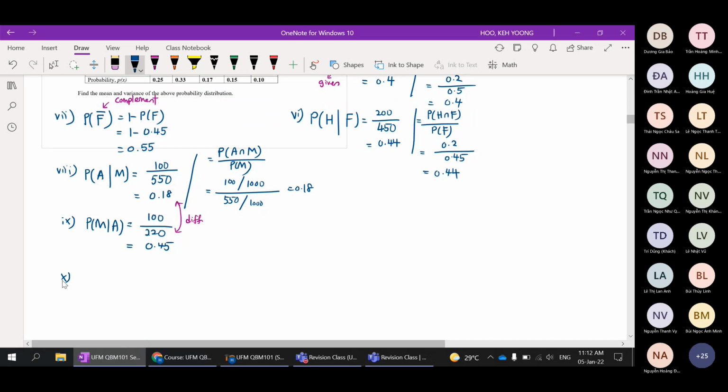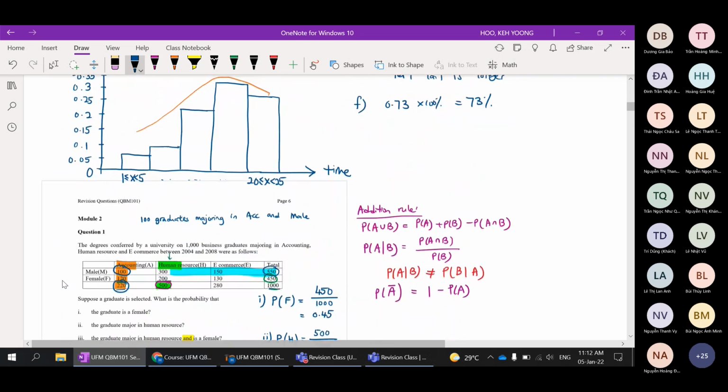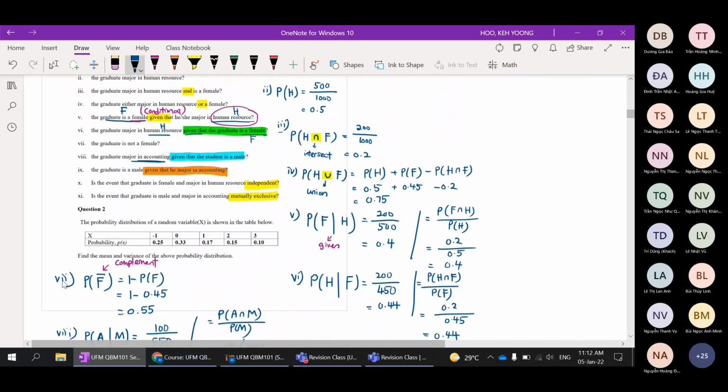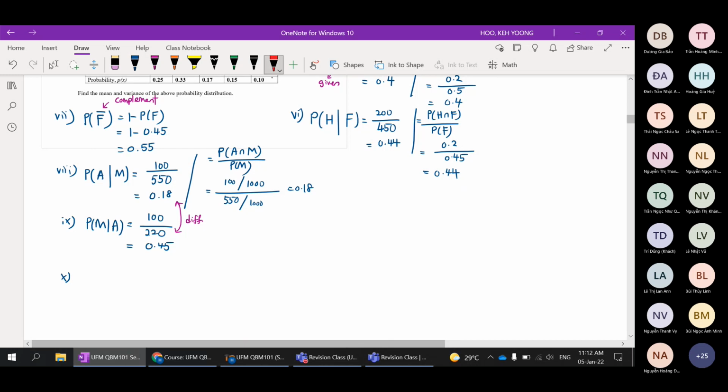Let's write some notes. If the two events are independent, then the probability of A intersect with B will equal A times B. There are actually two ways to prove it.